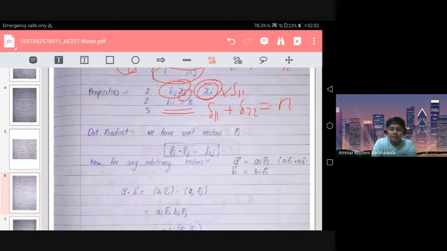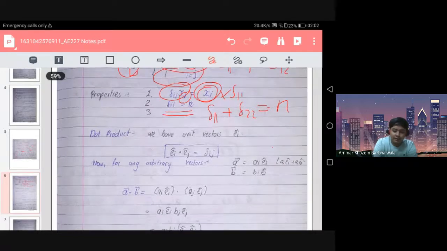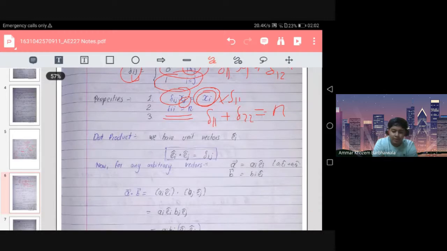So now there's this important thing for delta notation, which is the dot product. If I have any two unit vectors ei, then their dot product would be equal to delta ij. So if I have a basis e1, e2, and e3, and I take any random ei and ej, their dot product would be denoted by delta ij. I can also use the Einstein notation to represent vectors.